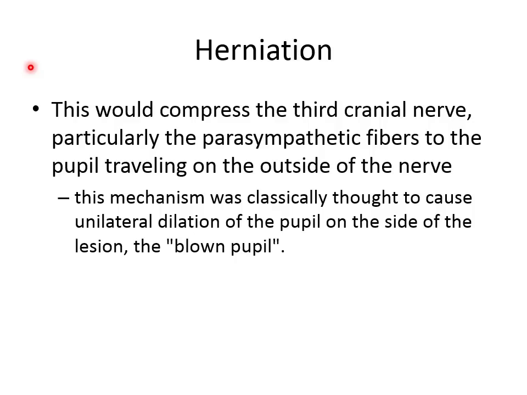That herniation would compress the third cranial nerve, especially the parasympathetic fibers to the pupil that travel on the outside of the nerve. This mechanism was thought to cause the unilateral dilation of the pupil on the side of the lesion, the so-called blown pupil, which is taken as an indicator of a herniation and of potential damage to the brainstem, starting out with the third nerve.